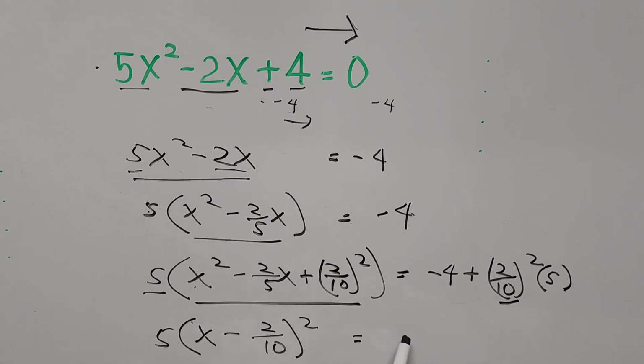We can simplify. 2 squared is 4, divided by 10 squared, so let's say 10 times 10, multiplied by 5. So we cancel 5, we cancel 10, becomes 2 right here. So this equals negative 4 plus 4 divided by 10 times 2 is 20.